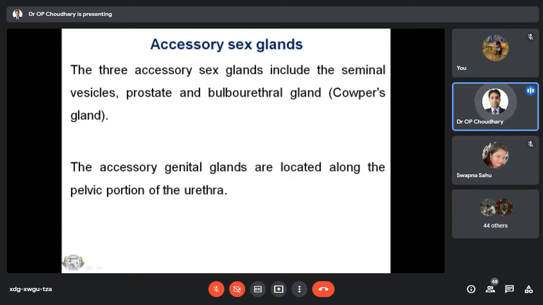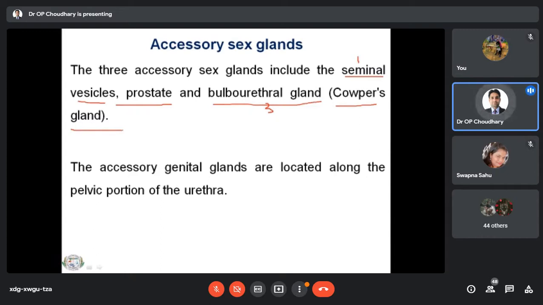There are three accessory sex glands: the seminal vesicles, number one; then the prostate, number two; and number three, the bulbourethral gland. These bulbourethral glands are also called Cowper's gland.